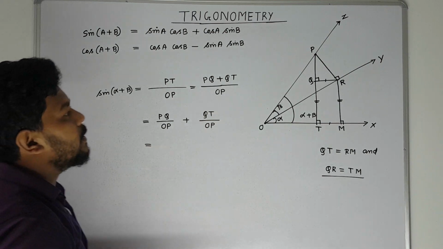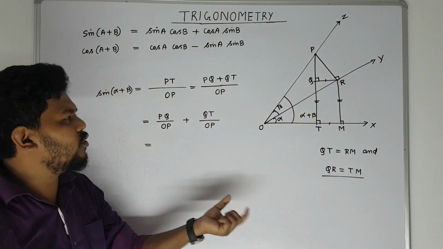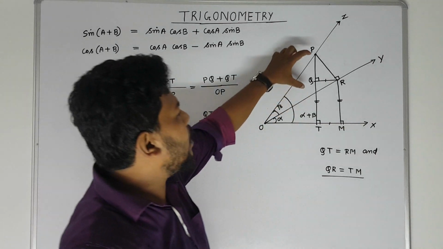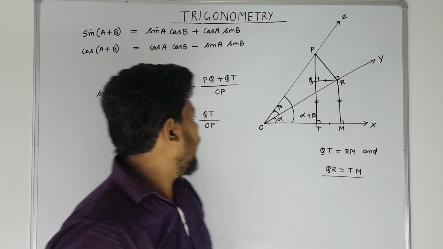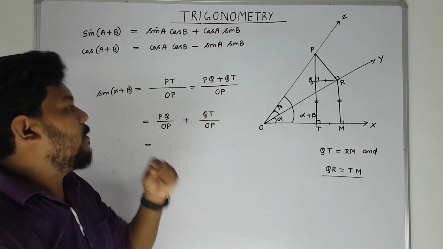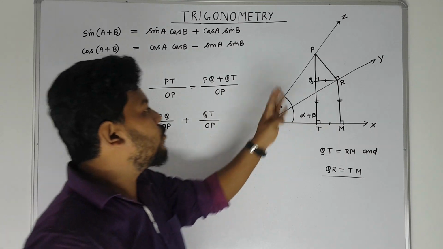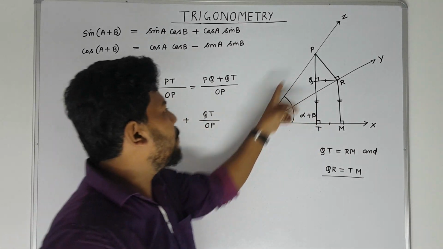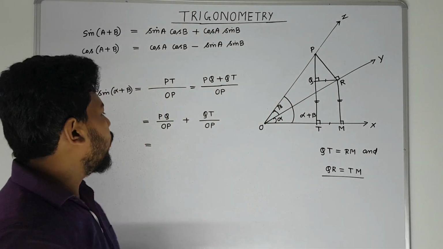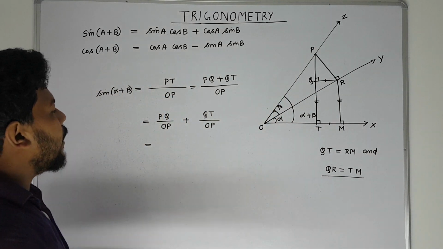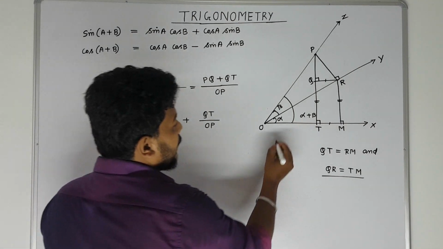Now what is PQ by OP? It doesn't make sense because PQ is a side length of another triangle PQR and your OP is a side length of two different triangles, either OPT or maybe OPR, both are right angle triangles. Okay, so if I write PQ, see, first of all, this is your angle alpha.